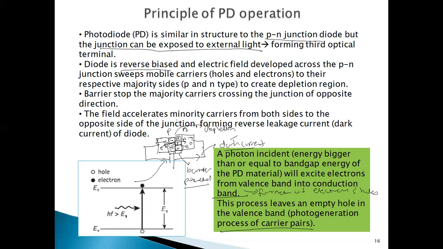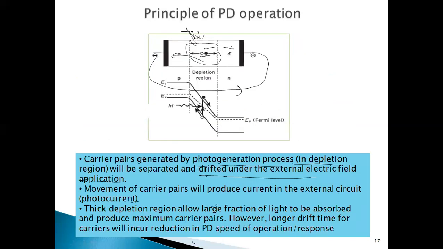Then the carrier pairs will be generated in your depletion region because the light will be incident on it. The generated carrier pairs will move to the opposite terminals, and when they flow, current will be produced in the external circuit, and the photodiode is said to be operated.